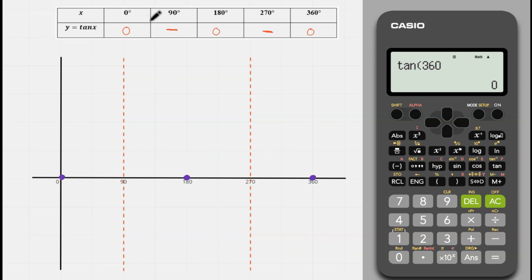If we take half of 0 and 90, that will be 45 degrees. Tan of 45 is 1. If you take half of 90 and 180, you get 135, and tan of 135 is minus 1.